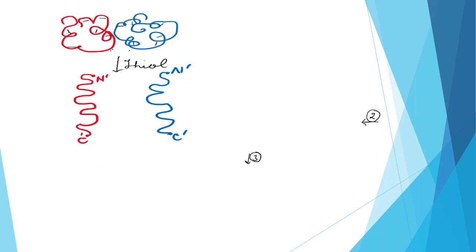Other amino acids are colorless, and this derivative is yellow colored. That is why that derivative shows the presence of the N-terminal end of any polypeptide chain.